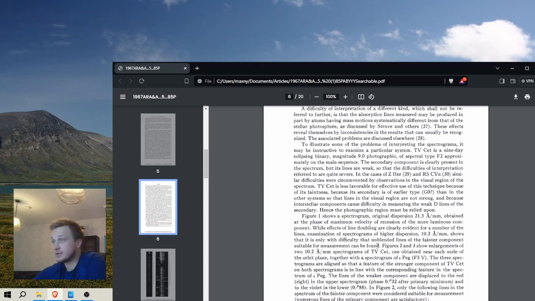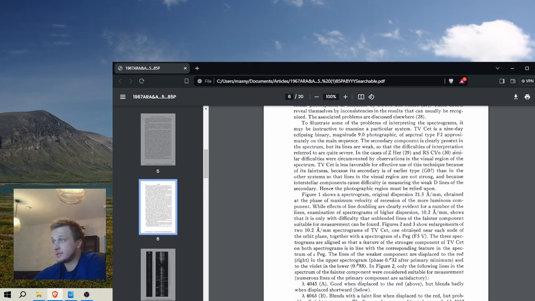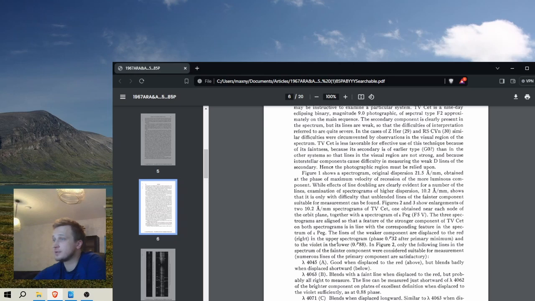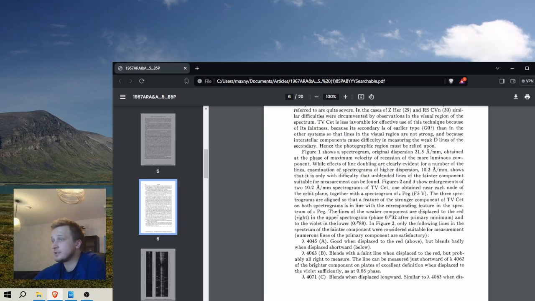Yeah. So one near each node together. The features of the stronger component are in the corresponding position. The lines of the weaker component are displaced to the red in the upper, top to the right. Okay.